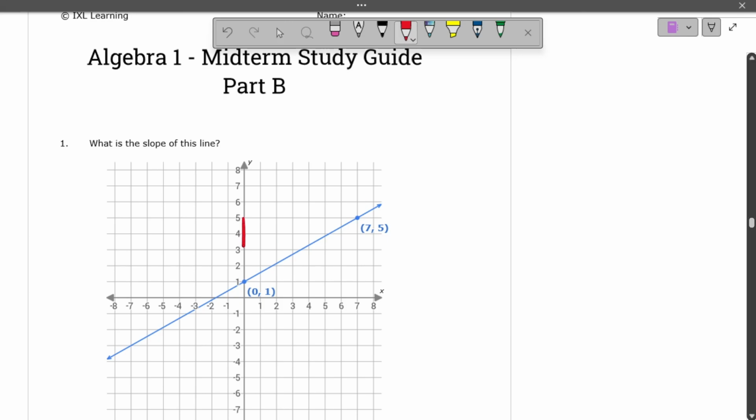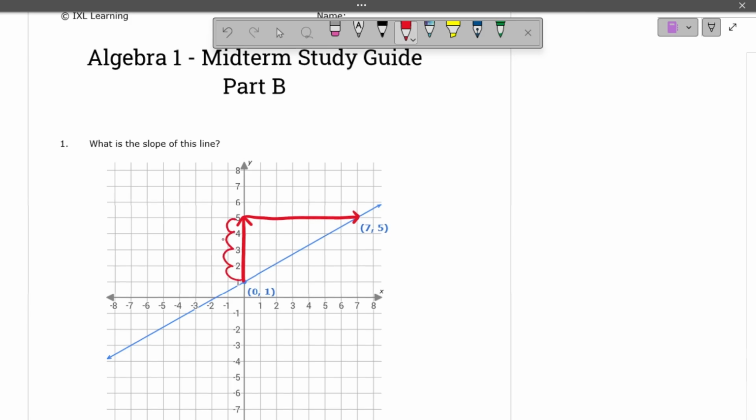So we can draw our little triangle up and over to form a nice right triangle from our points, and it looks like we're going from 1 to 2, 2 to 3, 3 to 4, 4 to 5. So that is up 4. And then we're going 1, 2, 3, 4, 5, 6, 7, over 7.